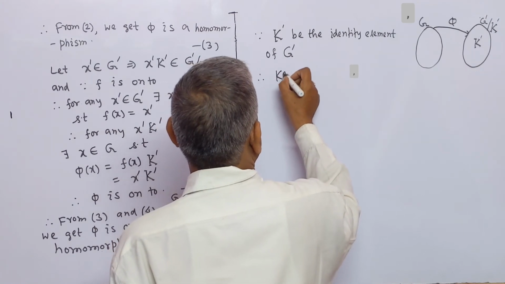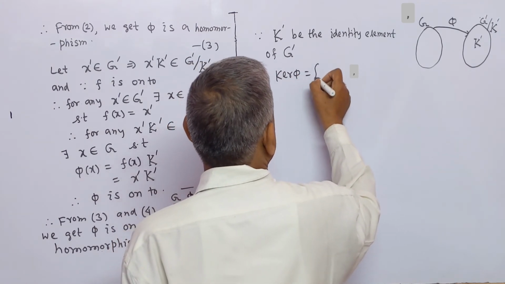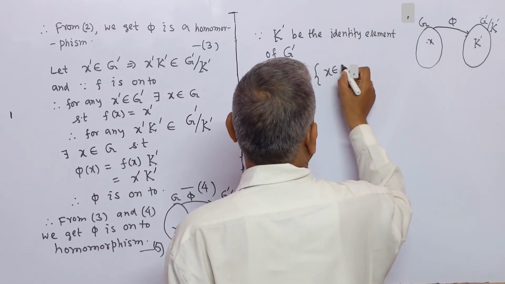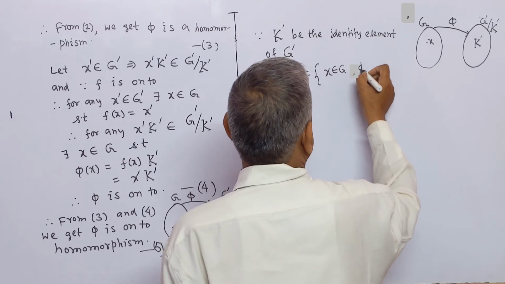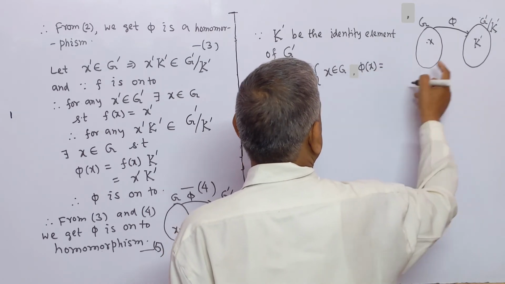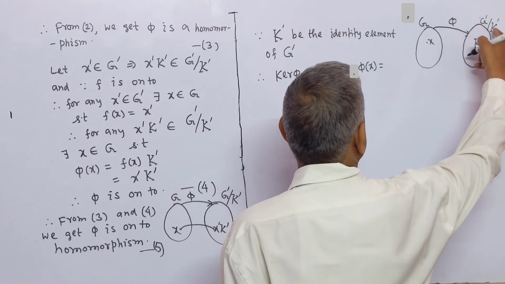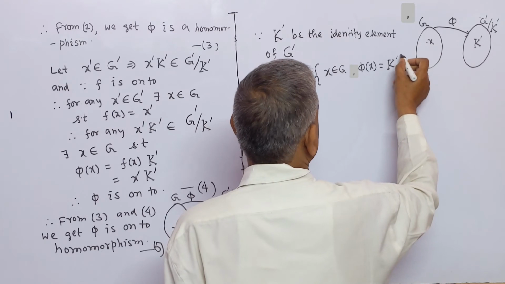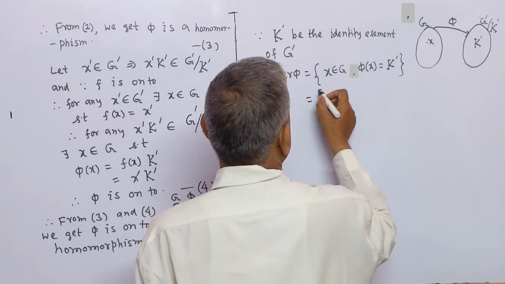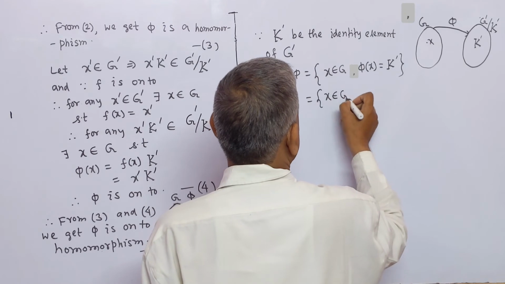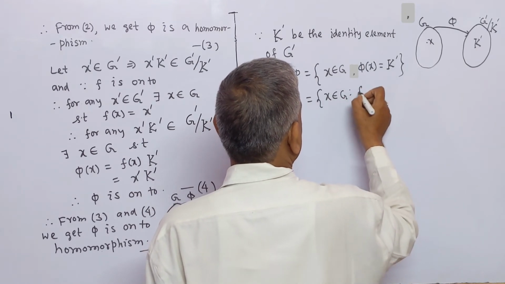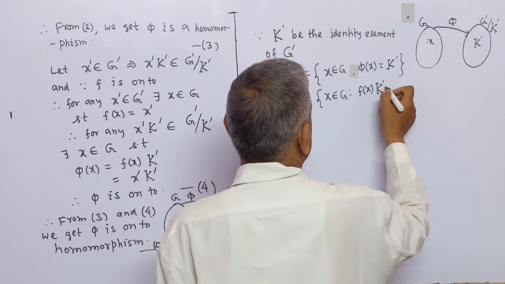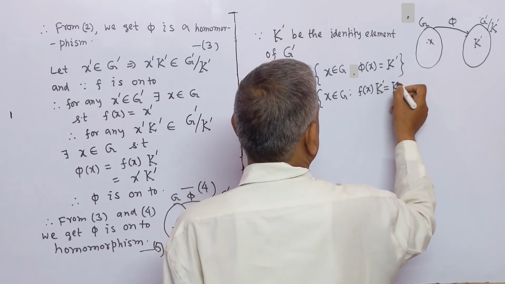Therefore, kernel of phi equal to x belongs to G such that phi x equal to identity element of quotient group G prime by K prime, that is K prime. This equal to x belongs to G such that phi x is f x K prime. This equal to K prime.